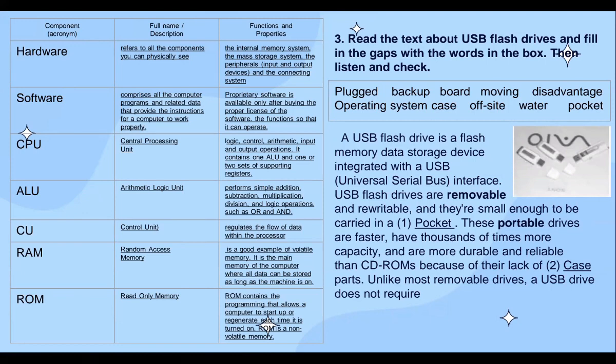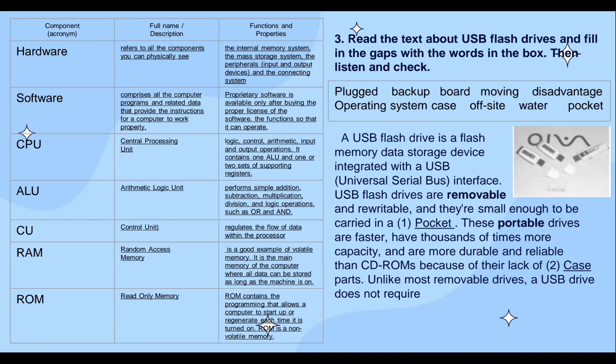It contains one ALU and 1 or 2 sets of supporting registers. And number 4 is ALU. Its full name is arithmetic logic unit. Functions are performing simple addition, subtraction, multiplication, division, and logic operations such as OR and AND.